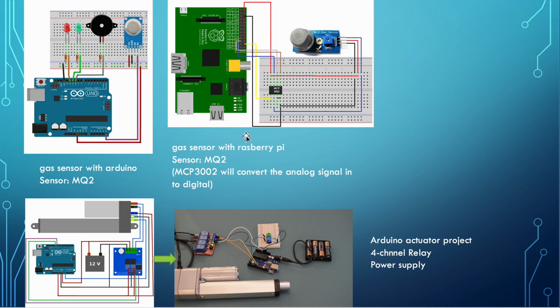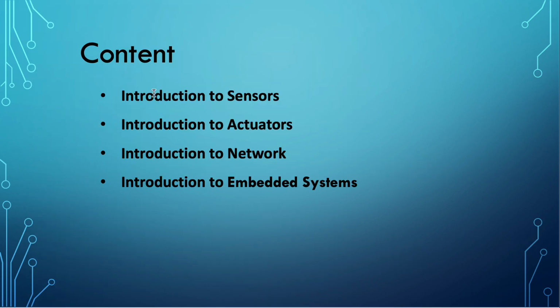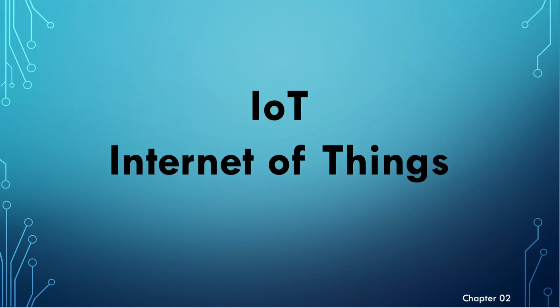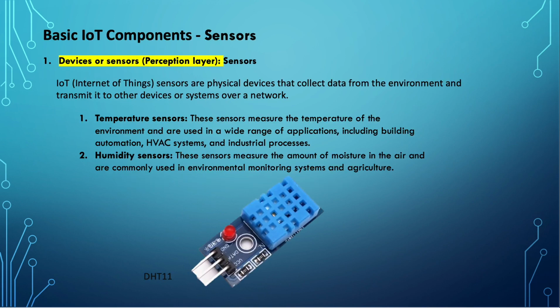So in this lecture, top to bottom, what we got is an introduction to sensors, actuators, networks, and embedded systems. Now we know what sensors are, why there are pins and why there are wires.